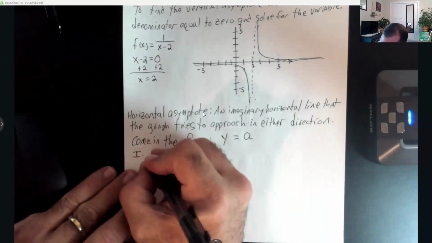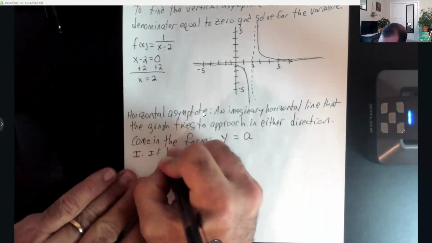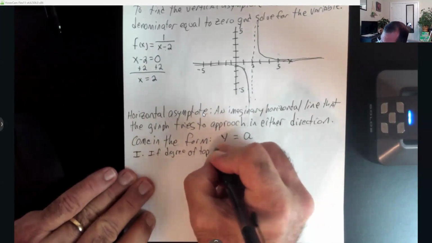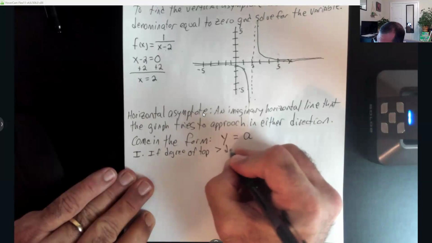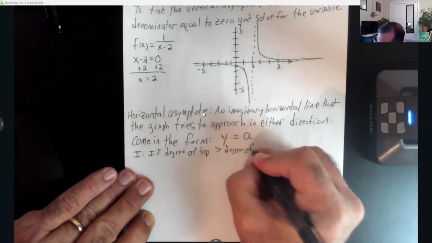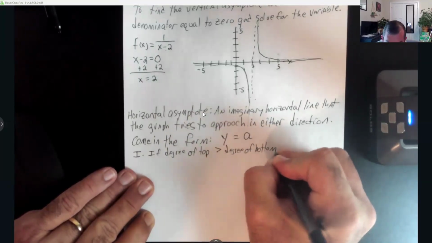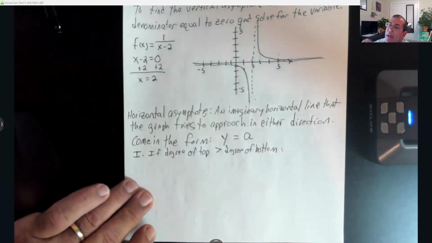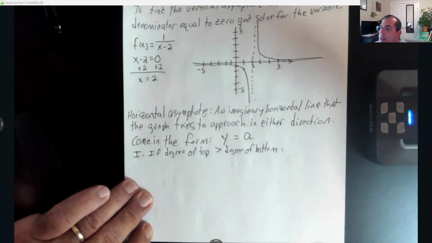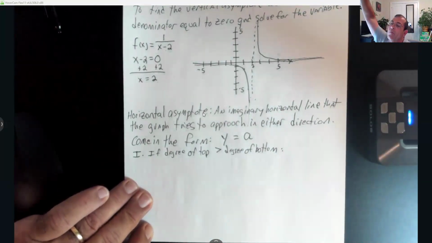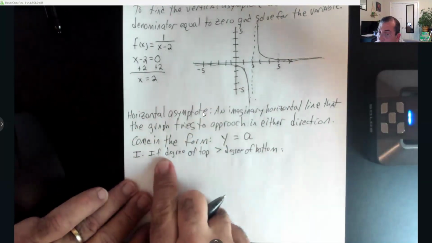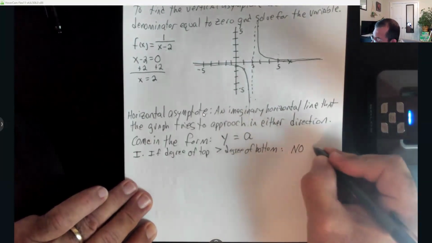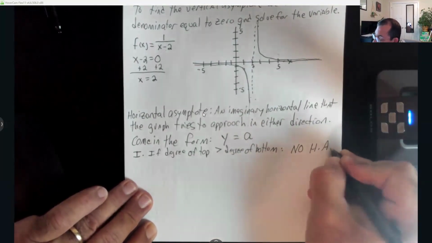If the degree of the top is greater than the degree of the bottom, so if the top has bigger exponents than the bottom, then it will not have an asymptote because those values are going to head off towards infinity. So if the degree of the top is bigger than the bottom, there is no horizontal asymptote.